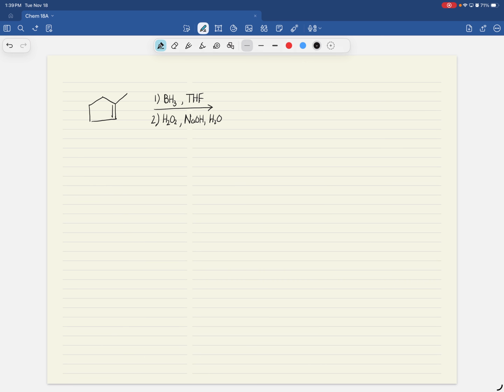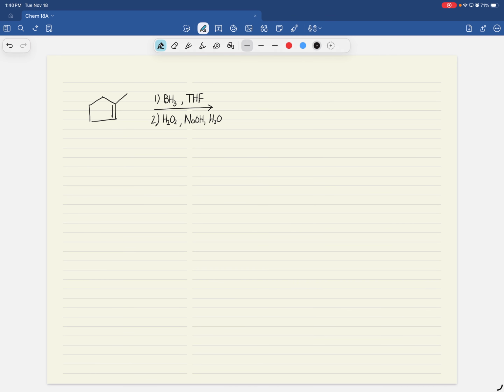So then the height of the... Very top. Yeah. Because the double bond is breaking. So the hydrogen goes to this one.